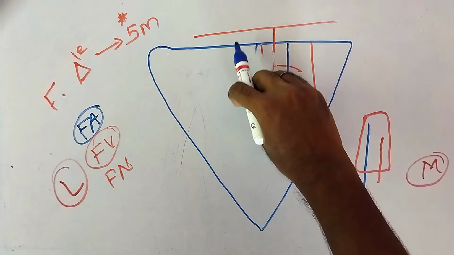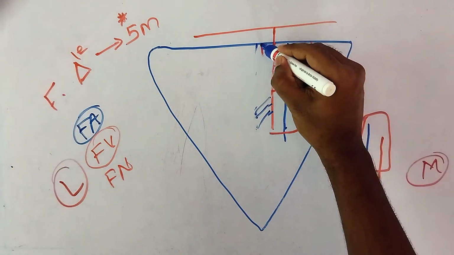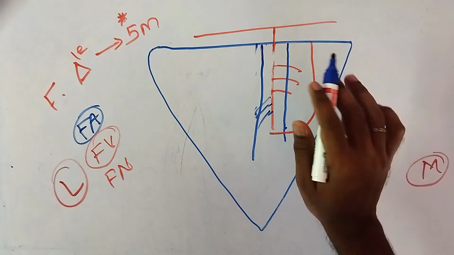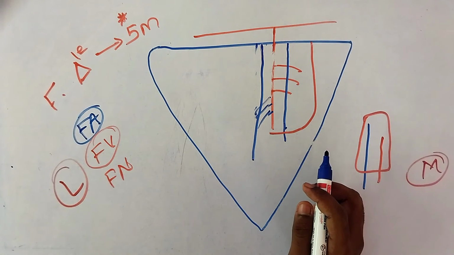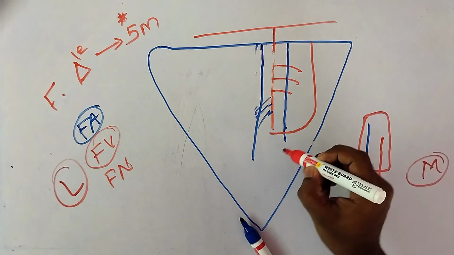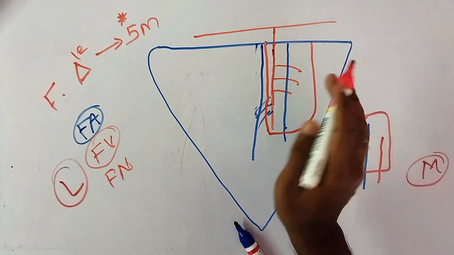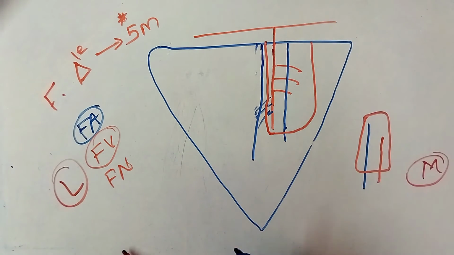I will wipe this femoral sheath. Here is the femoral nerve, that means lateral to this femoral artery, and it is just outside the femoral sheath. This is the femoral sheath. It lies outside the femoral sheath.